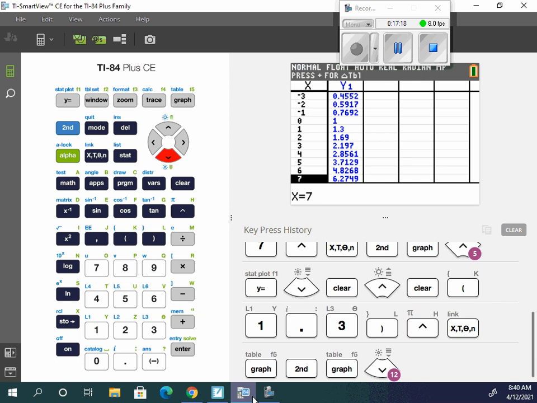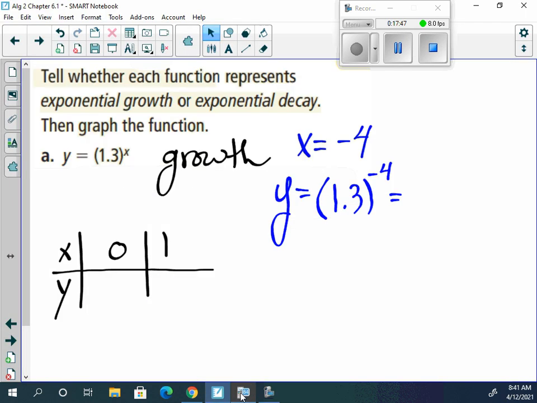Now I already have it plugged into the calculator, because I typed it in earlier. It's 0.3501, because when x is -4, the value of y for this function is 0.3501. I have it here. And there might be more spots, but that's at least the first 4.